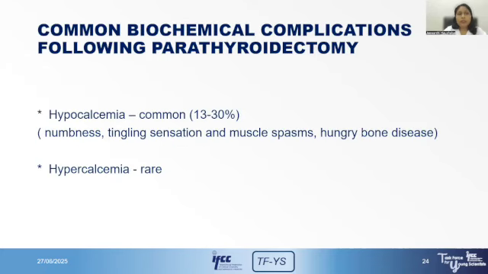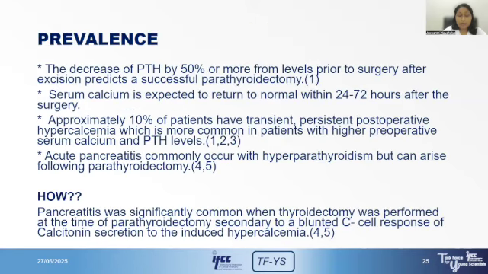So, what are the common biochemical complications following a parathyroidectomy? Usually 13 to 30% present with hypocalcemia, numbness, tingling sensation, muscle spasms, hungry-bone disease-like symptoms. But rarely these patients can develop hypercalcemia like in our patient. So what's the prevalence of this scenario?